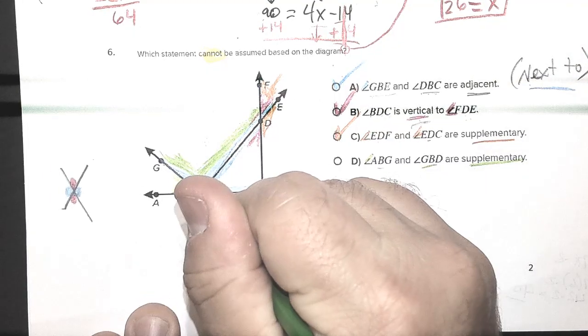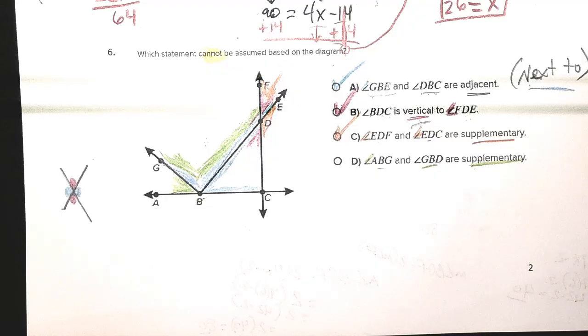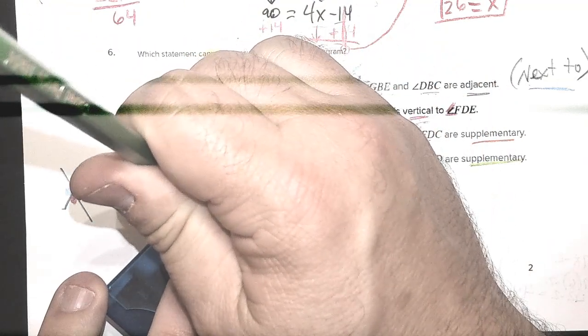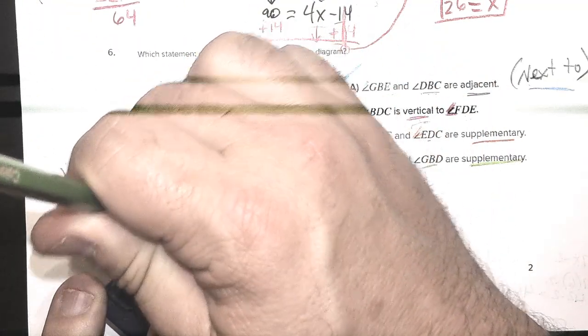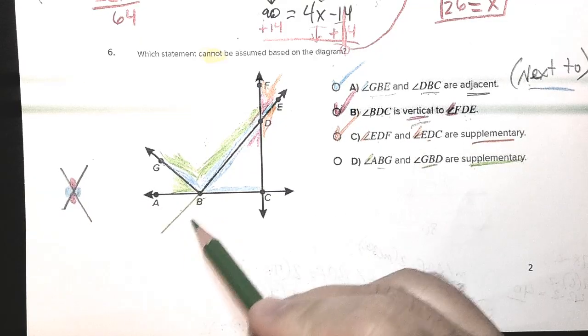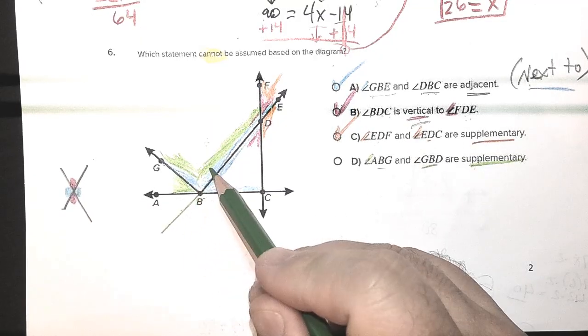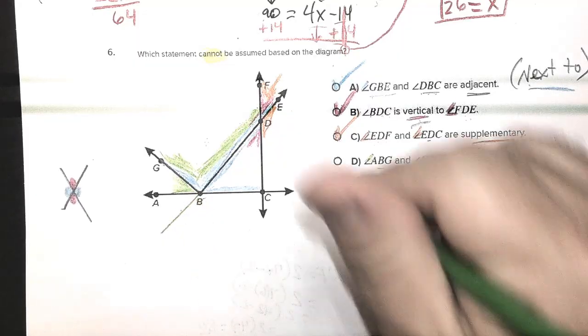If that line kept going, these two would not make the whole half circle. It stops here. So that is a big fat no.